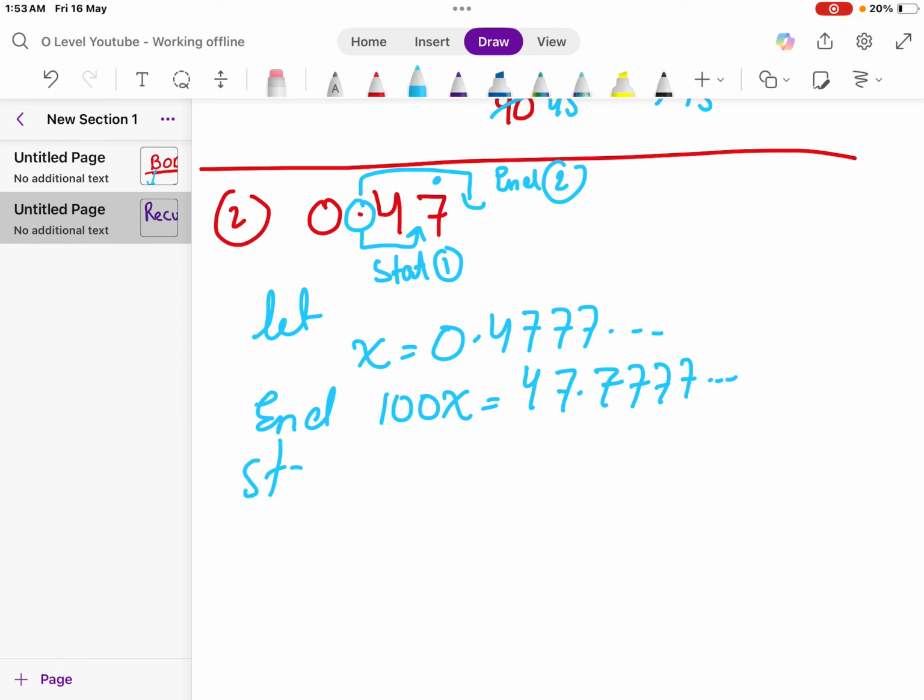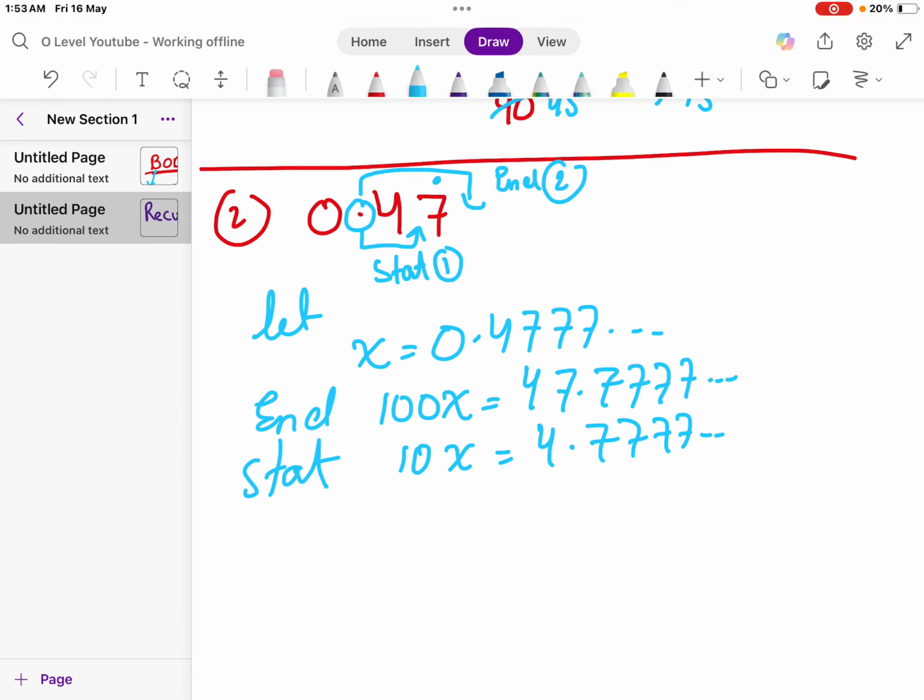Then we will write the start, so after one digit the recurring number started, so we will multiply by 10, so it will become 10x, and this will become 4.7777 and so on. I hope everything is clear in this concept, there is no confusion.